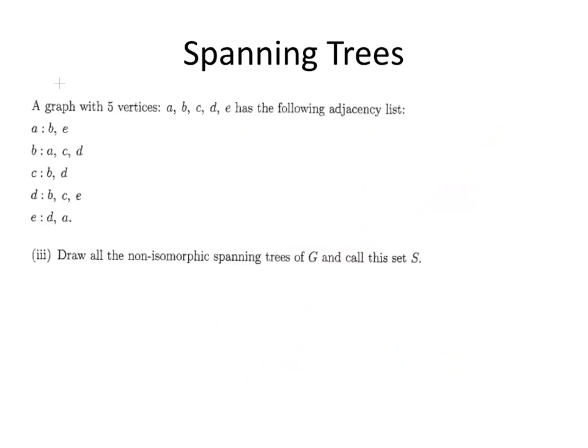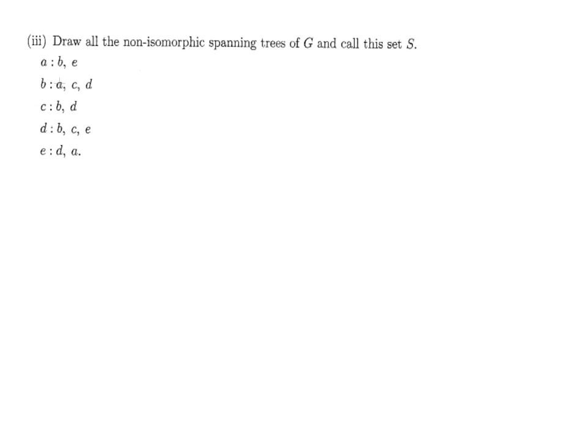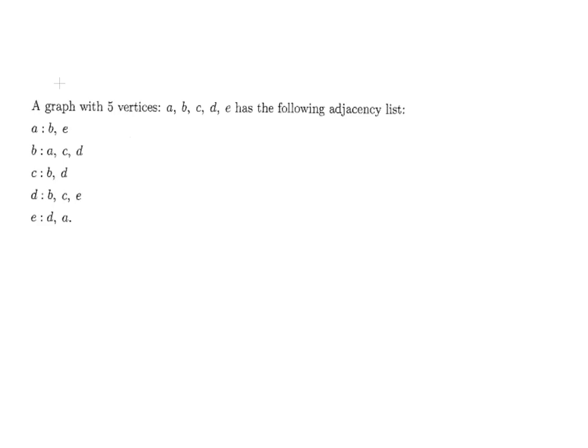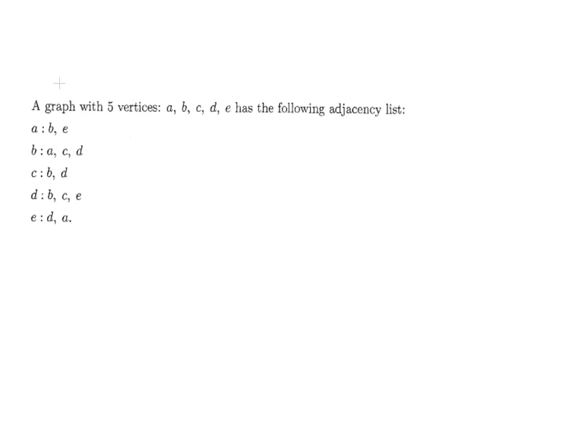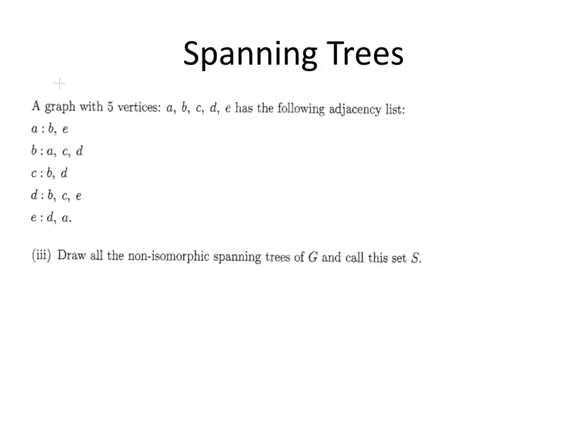So draw all the non-isomorphic spanning trees of G and call this set S. So let's just consider a few remarks first off. Let me scroll back here. All non-isomorphic spanning trees of G will have the following characteristics.